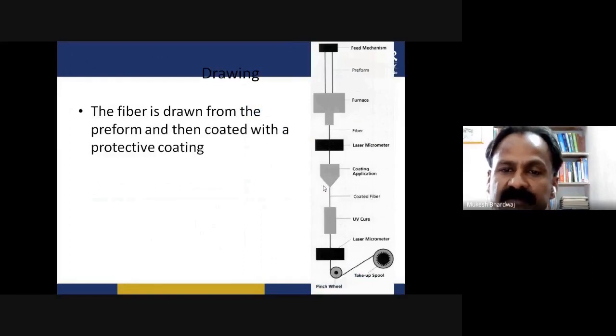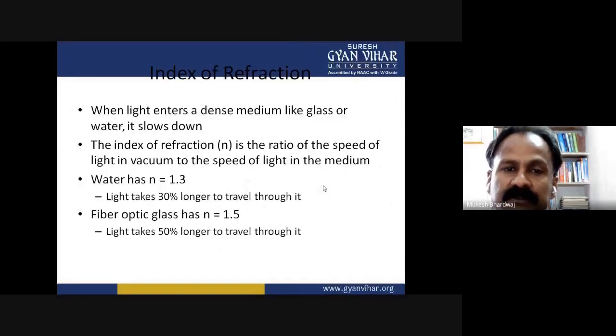This is the phenomenon. Index of refraction. When light enters a dense medium like glass or water, it slows down.